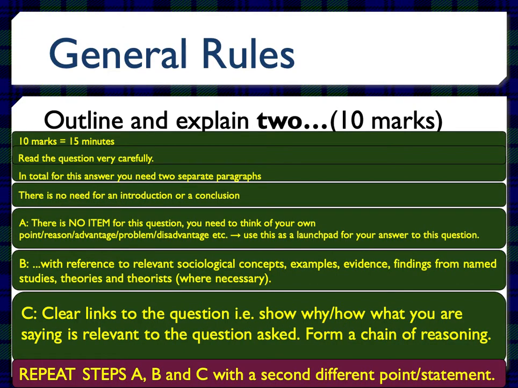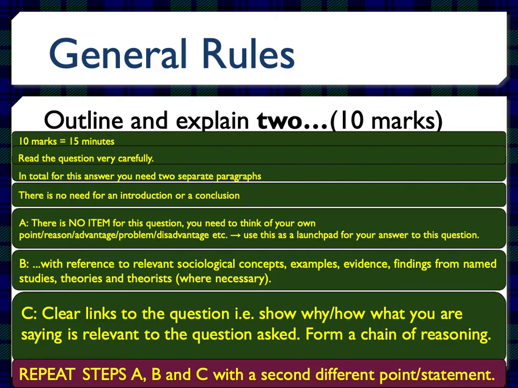The last step is to select a second different point or statement from your sociological knowledge and develop your second paragraph. Again, it's being developed in the same ways though with regards to sociological concepts, studies, evidence, but be careful to make sure that it's suitably different from your first paragraph. But remember, it also still needs to be answering the question.